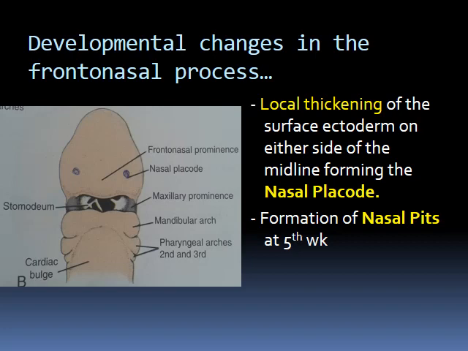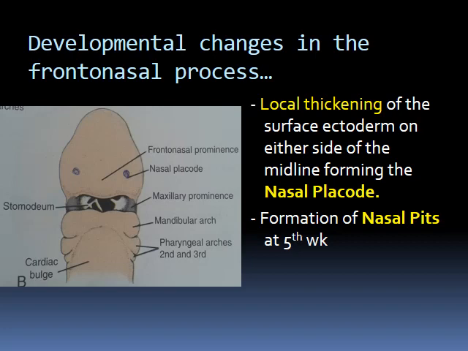As you can see in the picture, two circular thickenings are shown. It looks like the eyes, but actually it is not the eyes of the embryo. Just remember, this local thickening on either side of the midline occurs on the frontonasal process with development, and this local thickening we call the nasal placode.